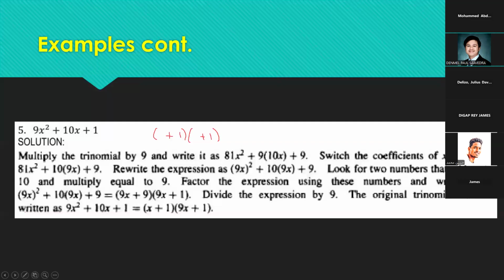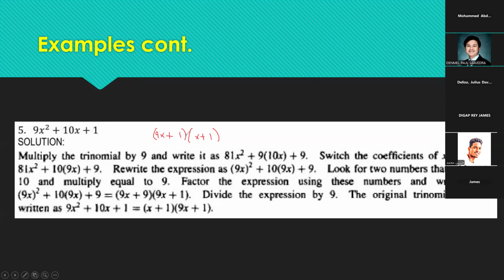The next one is how will we get this 9 and then x squared in here? For sure, we have x and then x in here. For the number, we can have 9, because 9x times x is 9x squared. Correct?